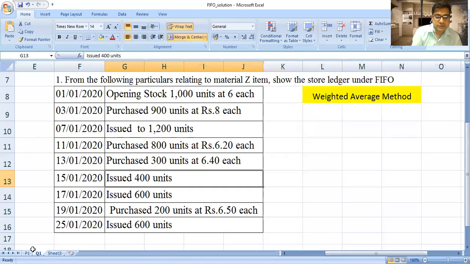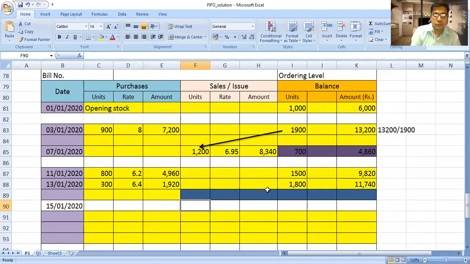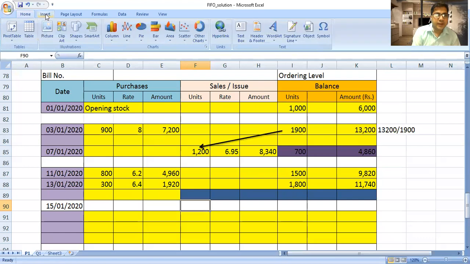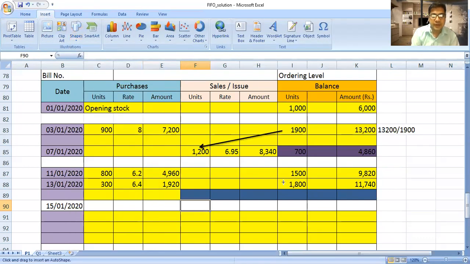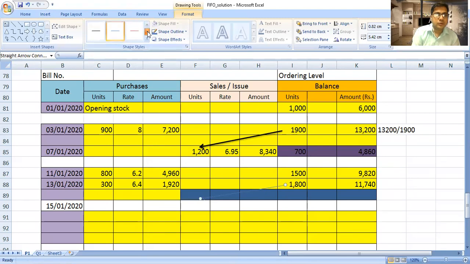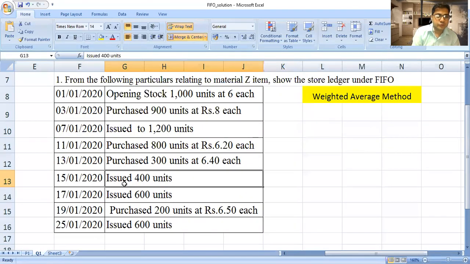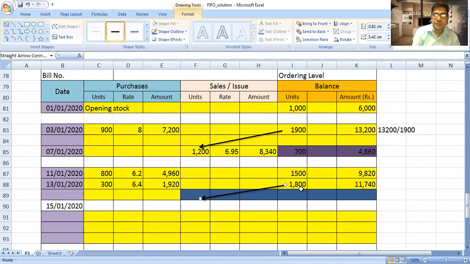How many units do they want to sell? 400 units. So now we have 1800 units. From this 1800 units we can easily sell 400 units, because we have a sufficient balance.